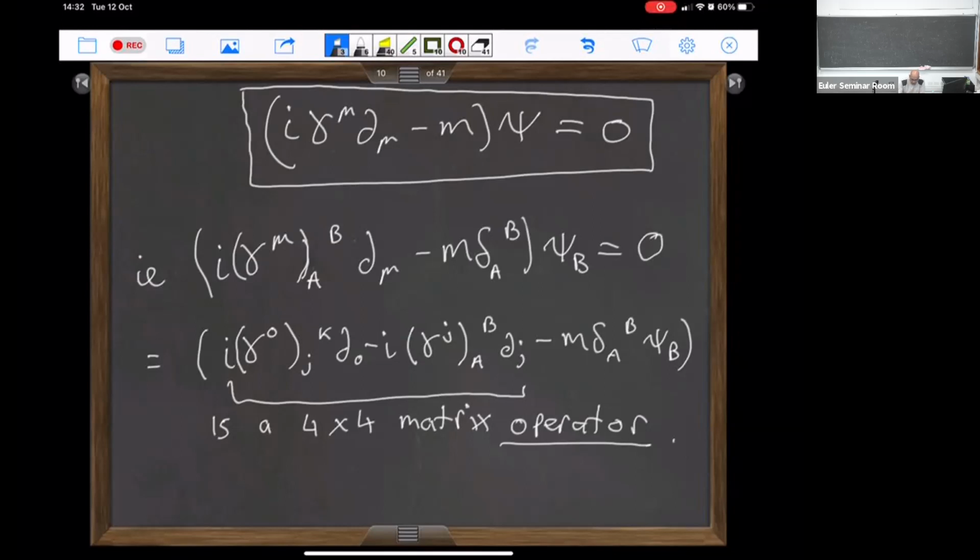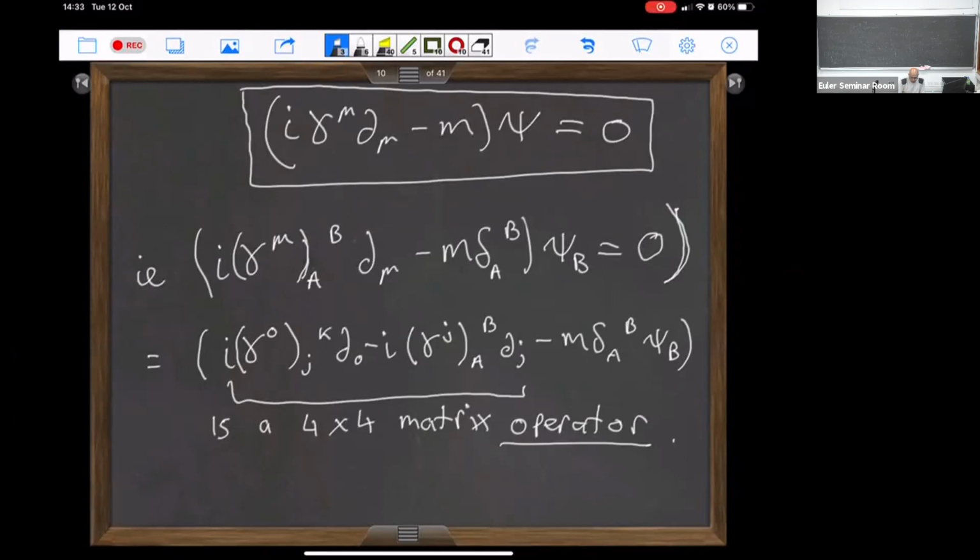So if I reinstate those, then we get this equation here. And if I write it out in a bit more detail, we get the equation below, where the terms involving the derivatives are a 4x4 matrix operator.